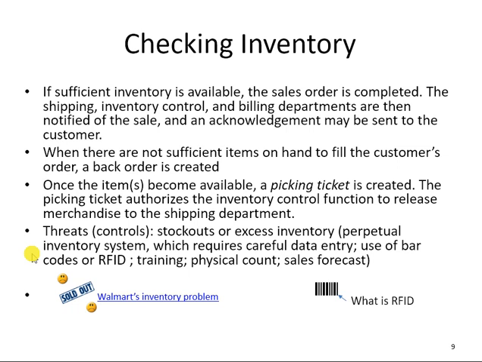So this is important to keep data accuracy in the perpetual inventory system. Second control, we can use barcodes or RFID. Both can help us get accurate inventory in and out quantities.